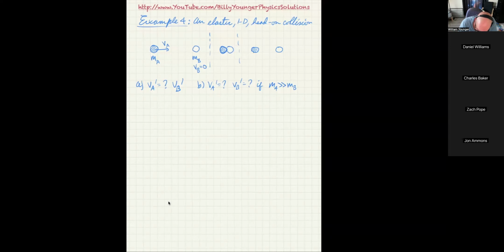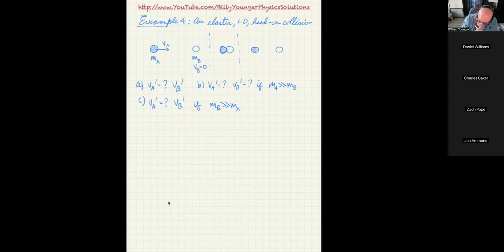That's what part B is. And part C, we're going to do the same thing again, except we're going to reverse it. What are VA prime and VB prime if MB is much, much greater than MA? In this case, you're imagining the Mack truck is sitting still and it gets hit by the Mini Cooper. So that's what we're working out.